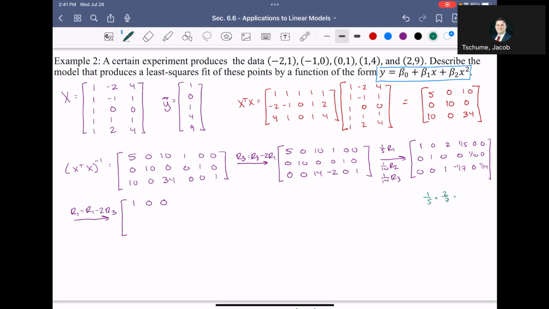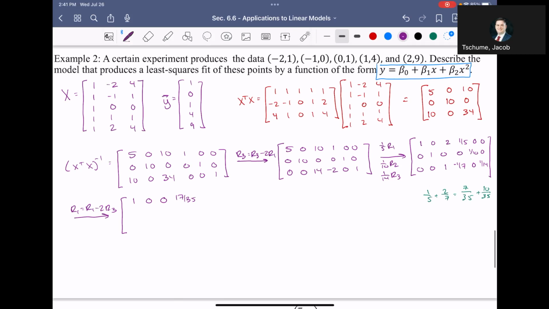So that is 7 over 35 plus 10 over 35. So that would be 17/35. And then you've got 0 minus 0, and then 0 minus 2/14 would be -1/7. And thankfully, nothing else changes.